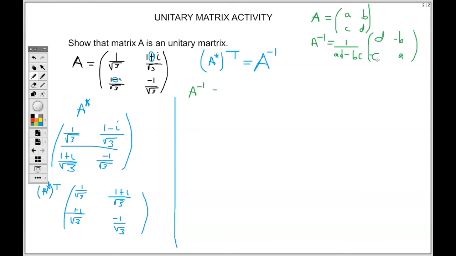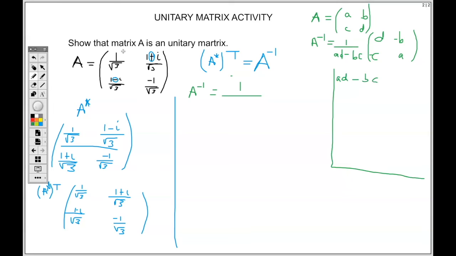Now, we are going to find the inverse of this matrix. So we have 1 over the determinant, but I will find it over this side. So the determinant is AD minus BC.